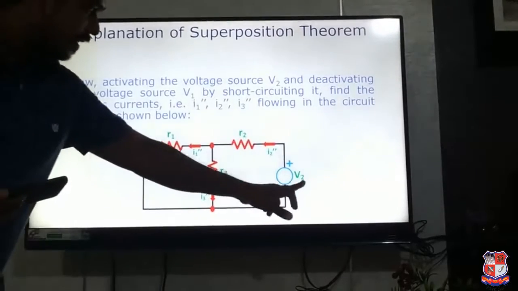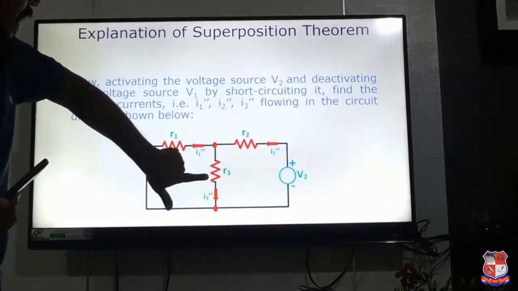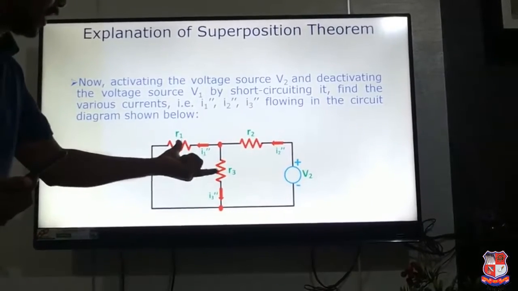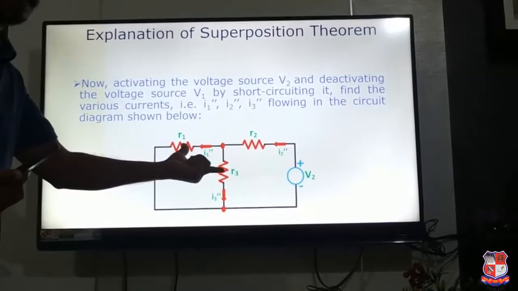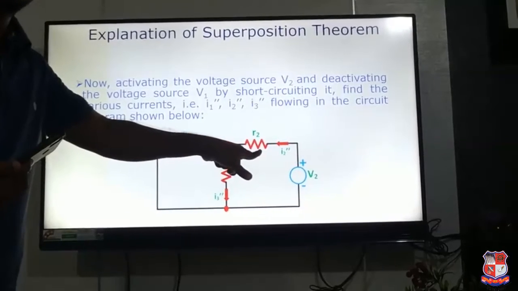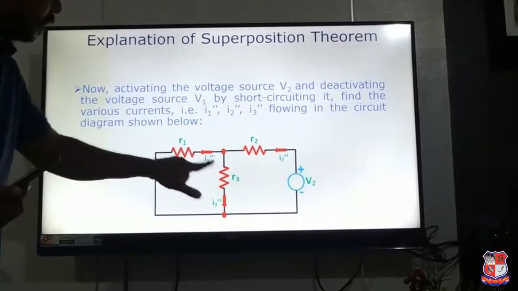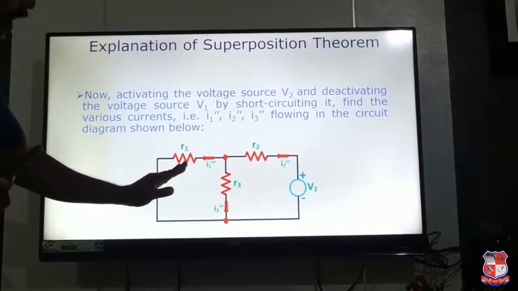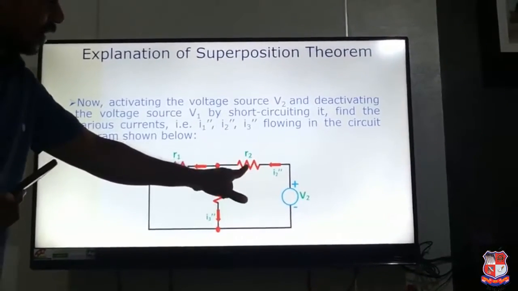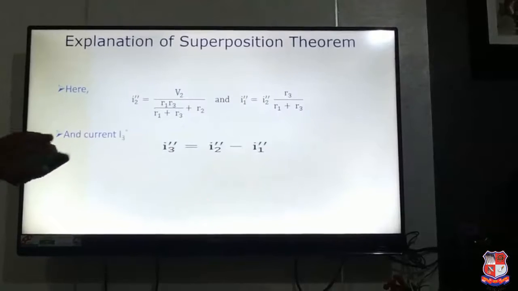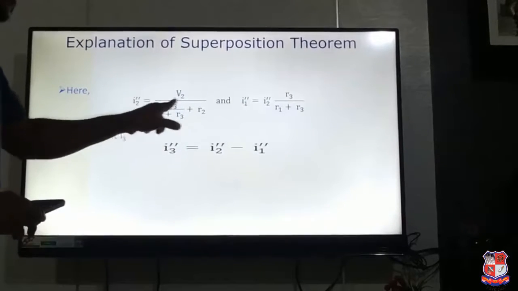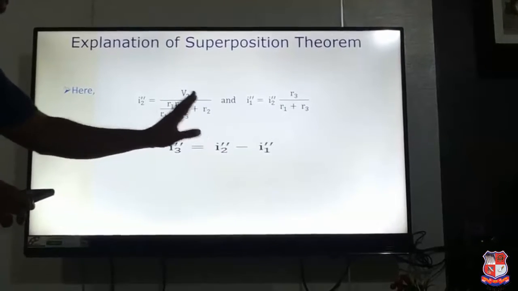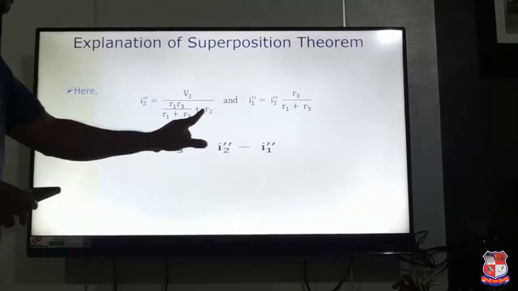Now for this circuit we have to calculate the equivalent resistance. If we see the circuit from this side, these two resistances R1 and R3 are connected in parallel, and this parallel combination is connected in series with the R2 resistance. The equivalent resistance of the parallel part is R1 R3 divided by R1 plus R3, and R2 is in series with it, so it becomes plus R2.